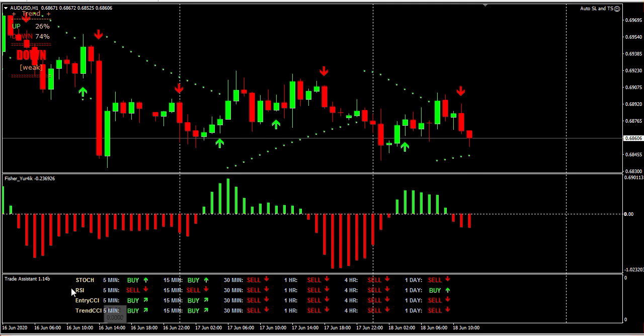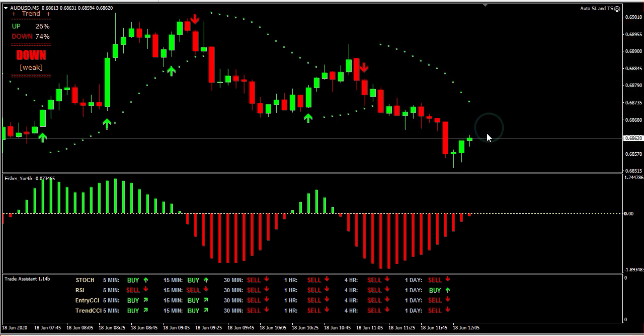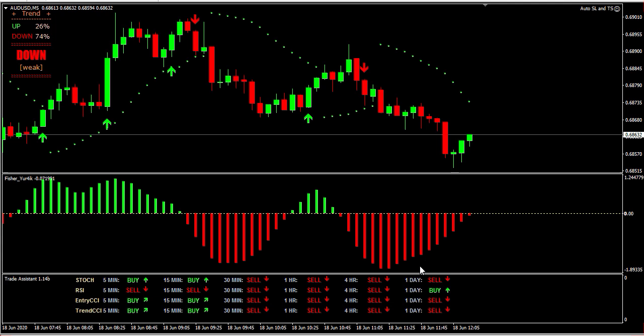Now on the 5 minutes, the lower time frame, you are getting buy signals. On the higher time frame, we are getting the sell signals. Let's go to a smaller time frame, 5 minutes, and see what's going on there. On the 5 minutes you can see the market is going up, so it's not wise to go short.